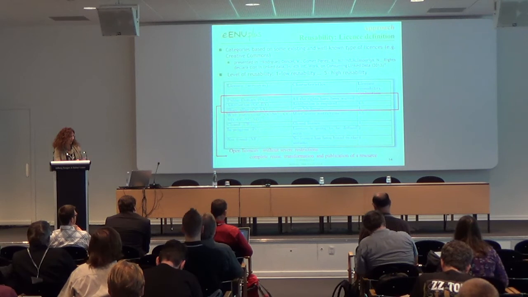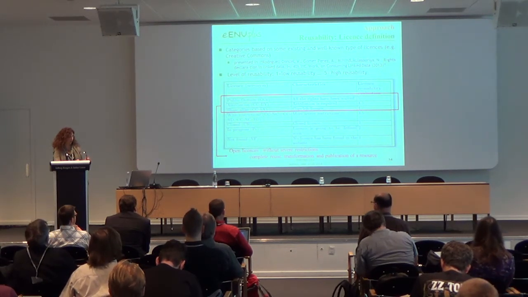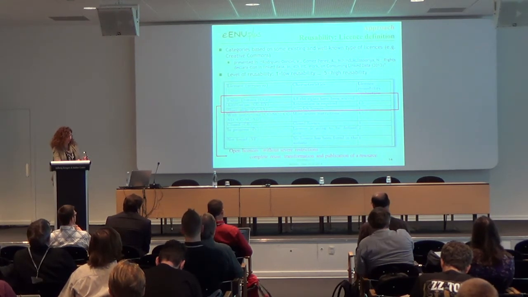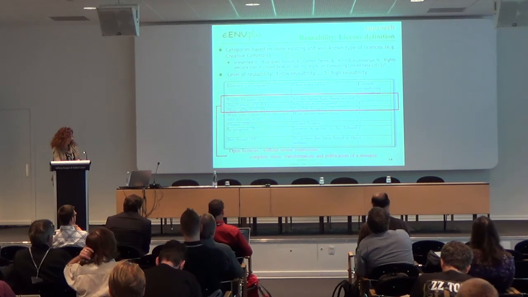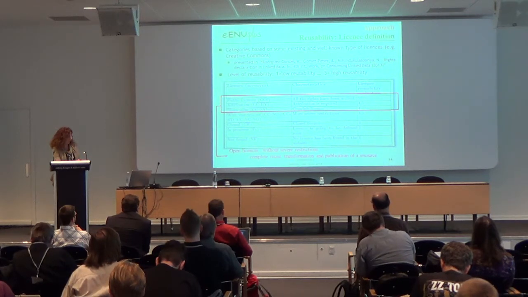And in particular, we give a range from 1 to 5. 5 is high usability, and we consider the first 3, as you can say, because open licenses without too many restrictions can be useful to completely reuse and transform a public resource.